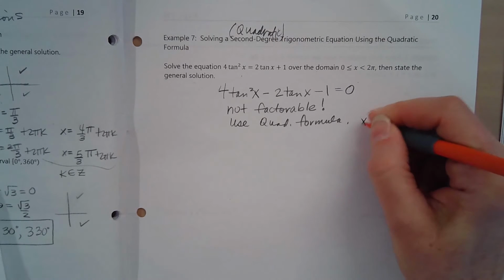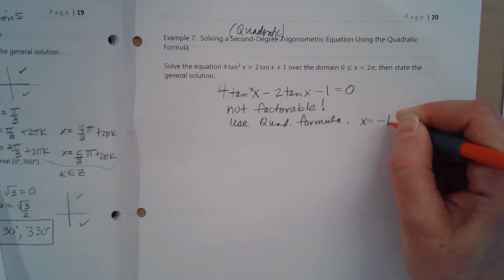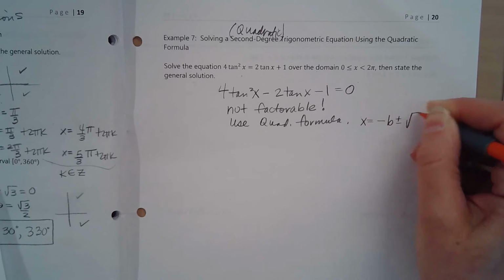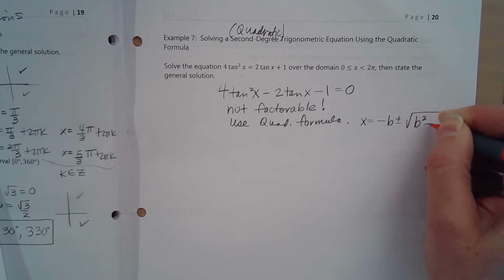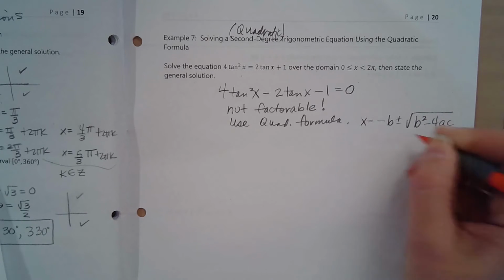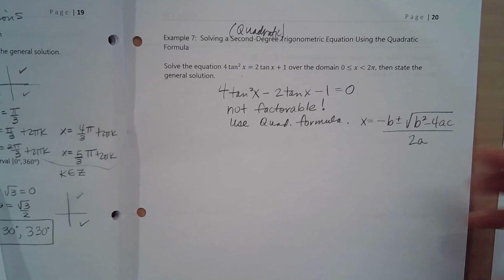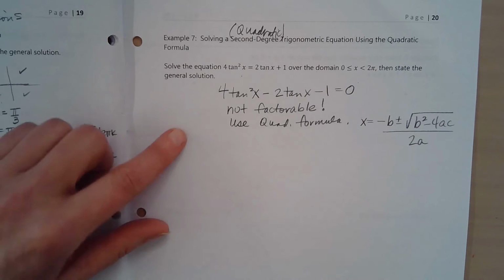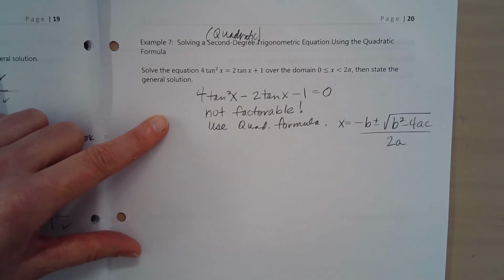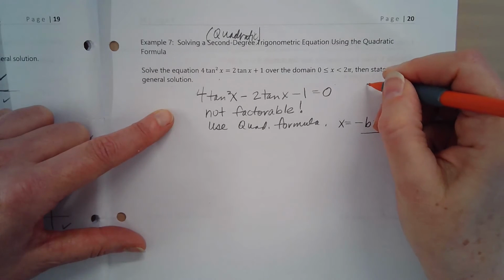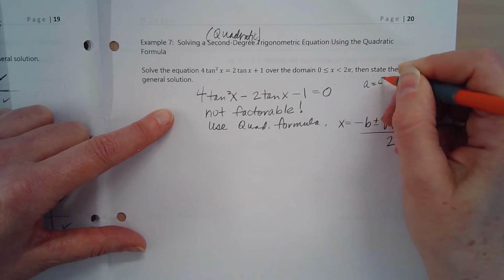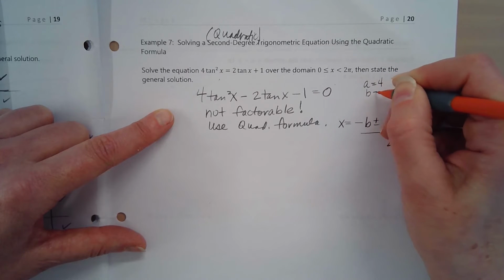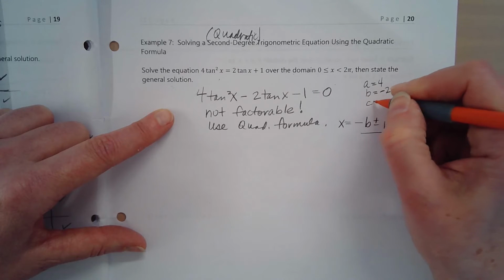So x equals minus b plus or minus the square root of b squared minus 4ac, all over 2a. Let's just identify what we have here. It's just the coefficients of the quadratic, like you always have. So here, a is 4, b is negative 2, and c is negative 1.